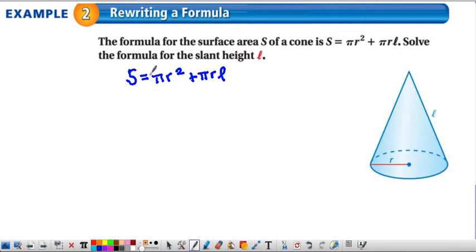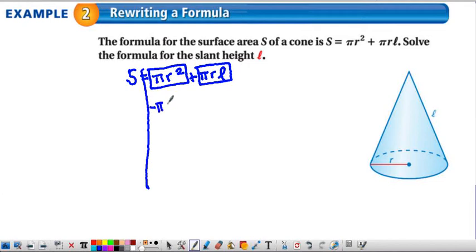So if you'll look at this, you have, like we talked about in class, these two terms, just like what we've been dealing with, the x's and y's. They just look a little different because they've got the pi in there. This pi r squared is being added to this L. So we want to do the opposite of that. We want to subtract pi r squared off both sides.